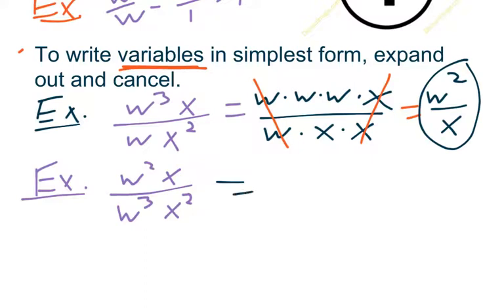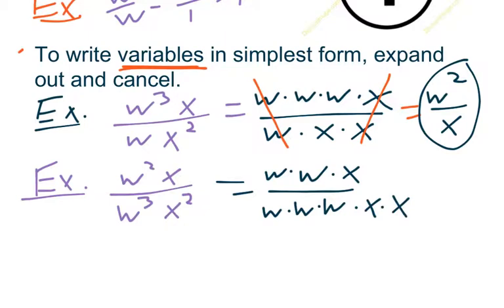So on top we have w squared, which is w times x. And on the bottom we have 3 w's, so w times w times w, and 2 x's, times x times x. So we can cancel these factors because w divided by w is 1, w divided by w is 1, x divided by x is 1.